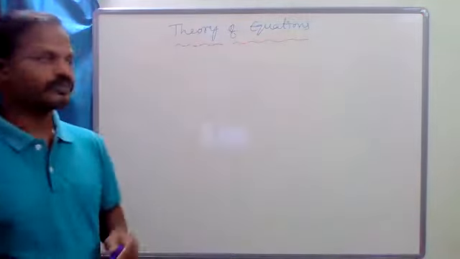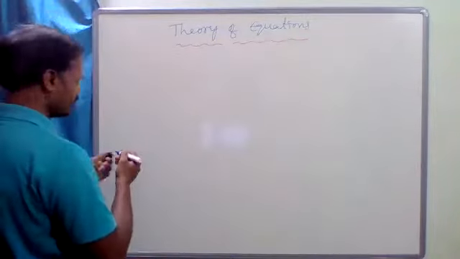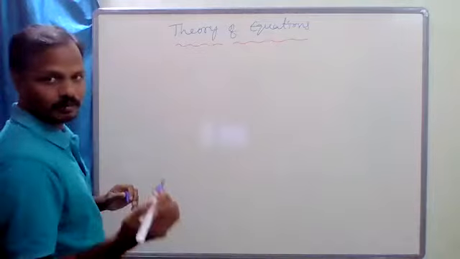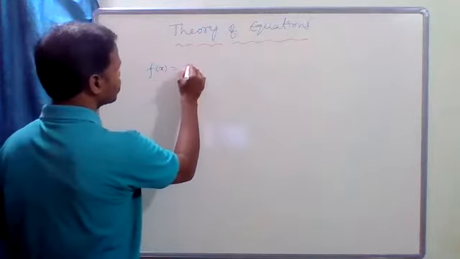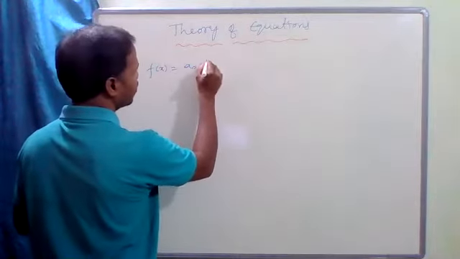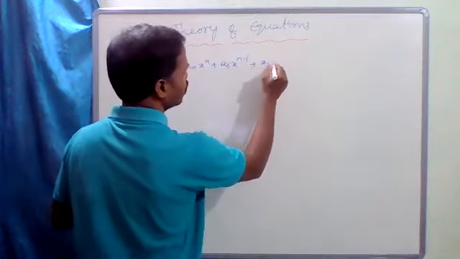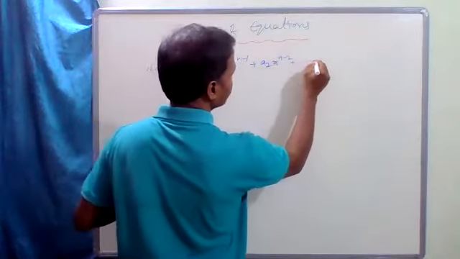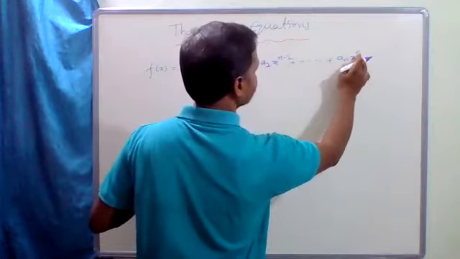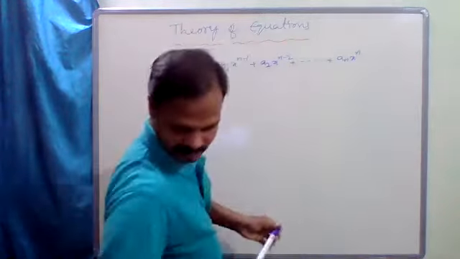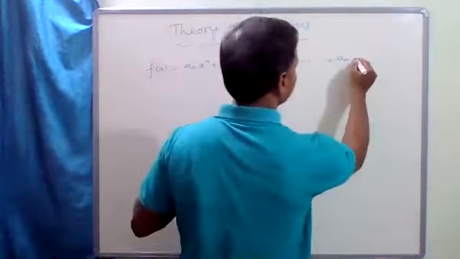Suppose, for example, I am taking a polynomial equation of degree n, like f(x) = a0 x^n + a1 x^(n-1) + a2 x^(n-2) + so on + an = 0.